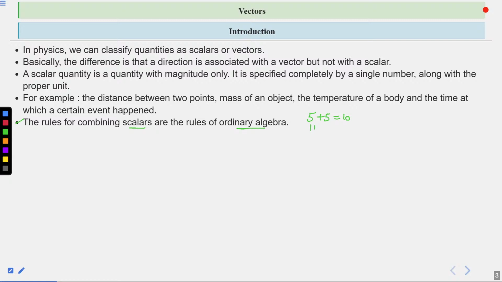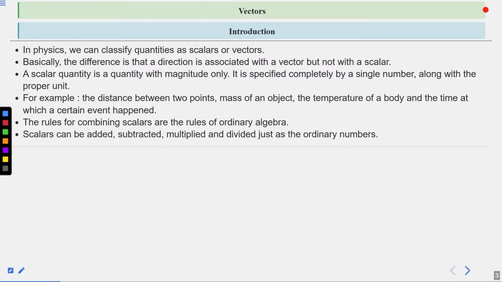Suppose 1 kg plus 1 kg is equal to 2 kg. So scalars follow the rules of ordinary algebra. Scalars can be added, subtracted, multiplied and divided just as ordinary numbers. I hope this is clear.